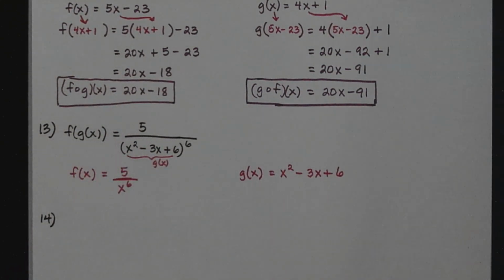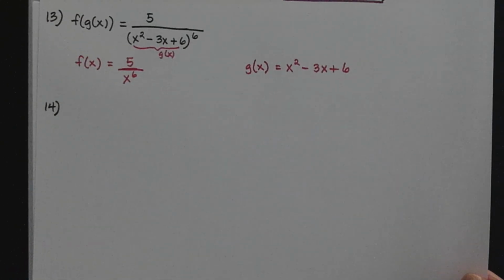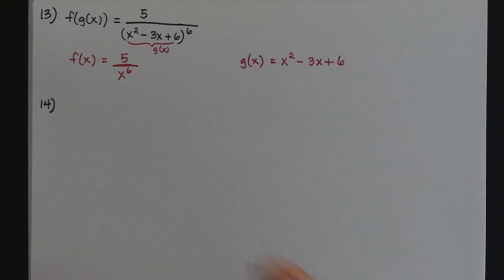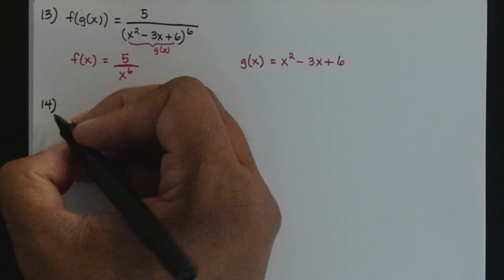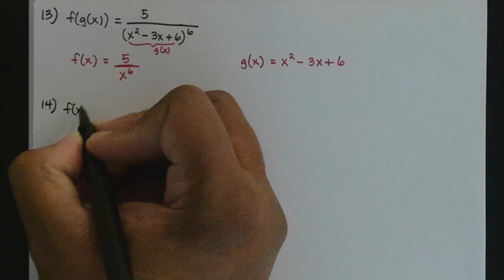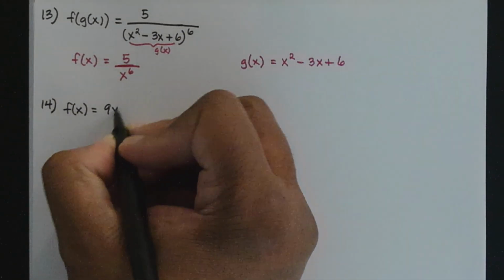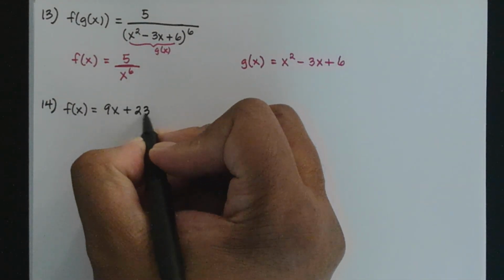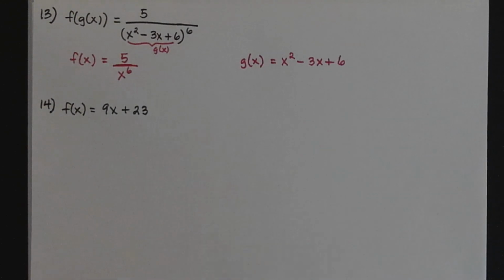All right, problem number 14 is finding the inverse of a function, like f of x equals 9x plus 23. Here I want to find out what that inverse is going to be. The first step is to replace your f of x notation with y.